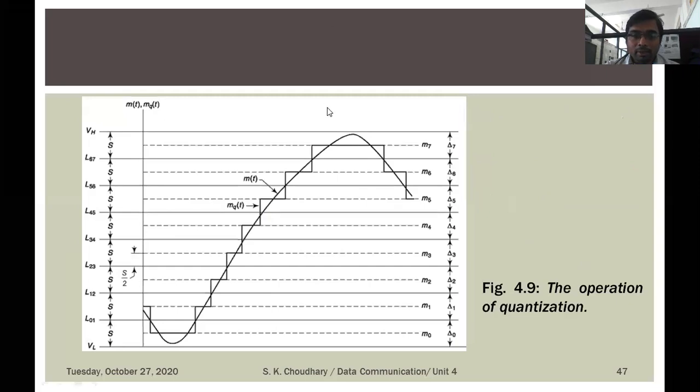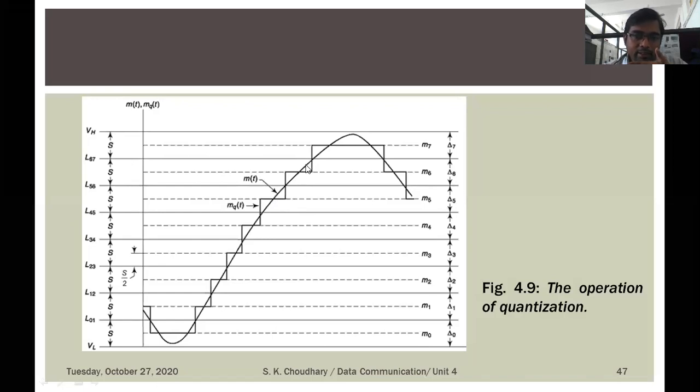Whatever the difference of these two signals, you can check it at any level. This is m(t) here and this is m5 here. What is the difference, m(t) minus mq(t)? You can see in all the cases the difference between m(t) and mq(t) is less than s by 2, or equal to s by 2, not more than this.